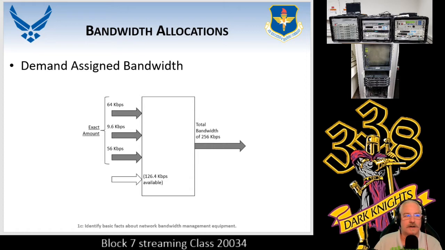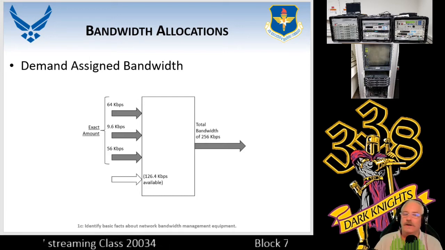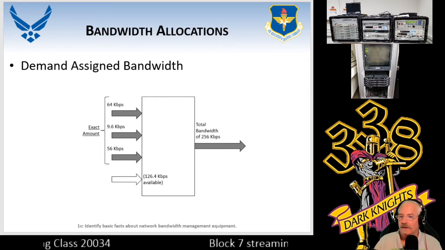Let's take a look at this. You can see that we've got the first 3 channels. First one has 64K, the other one has 9.6, the other one has 56K, and you still have 126.4 left out of that 256K. So what does that mean?